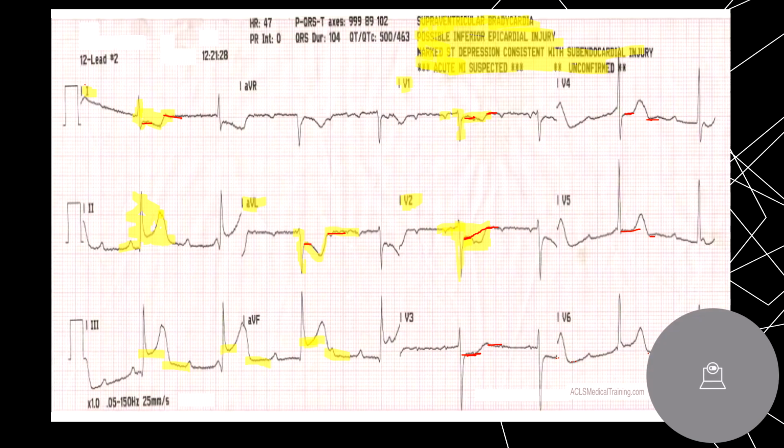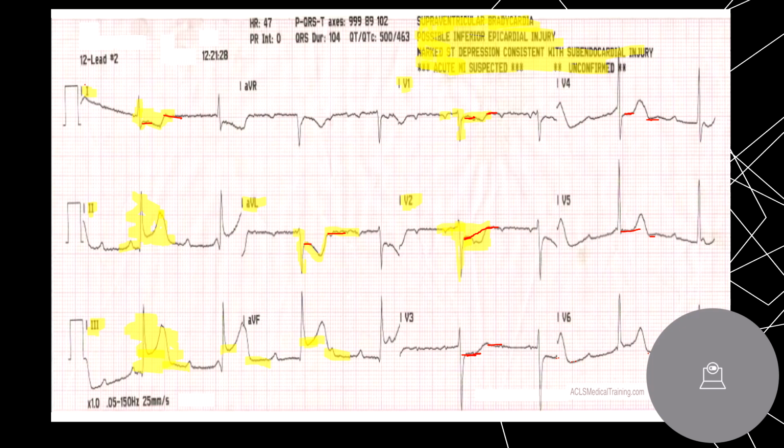Do your V4R. I'll give you a hint, if you're looking to see if it has right ventricular involvement: 60% of the time, if lead 3 has a larger elevation than lead 2, you have a 60% chance of right ventricular involvement. All right, but you should still do your V4R.